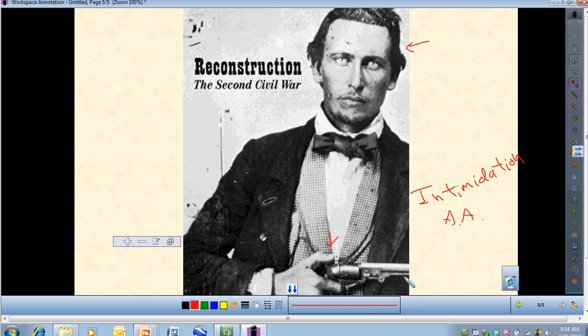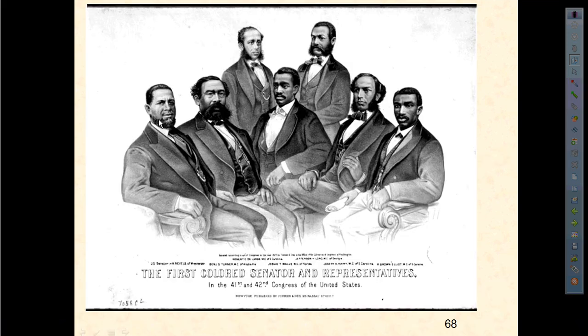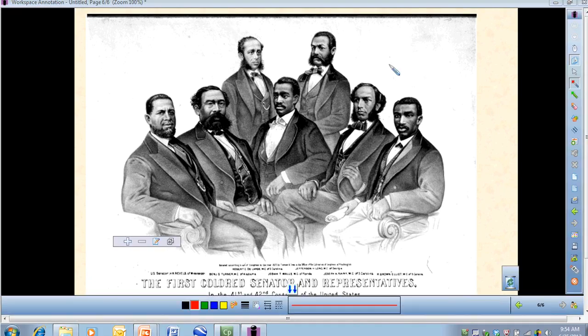And you might not think that's such a big deal, but if one of the purposes of having this picture taken was intimidation, as in I've got my pistol cocked and it's ready to fire, intimidation of African Americans, then it shows you that people's thinking would be one of the things that would need to be reconstructed, people's actions.